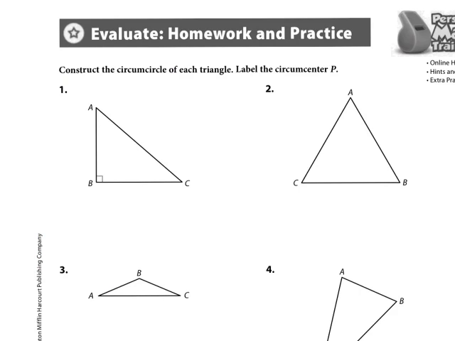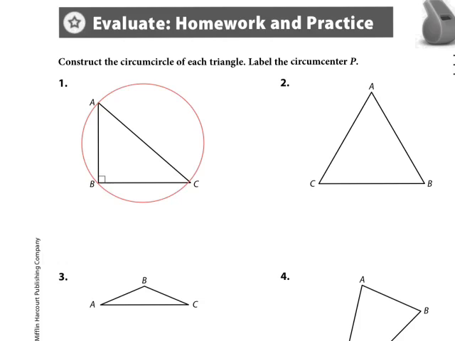I will start with number 1, and they're asking you to build the circumcircle of this triangle. Now the circumcircle is the circle that surrounds the triangle and it touches every vertex. You can see here that this circle is too small for this triangle, so I'm going to make it smaller. And there you go. Now a good thing for you to do is to actually measure.